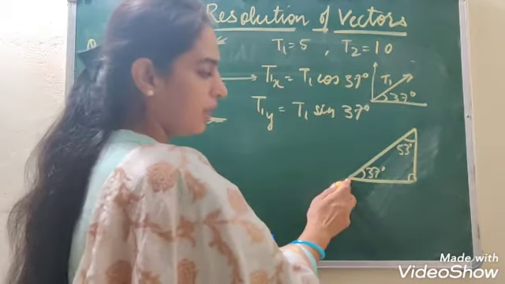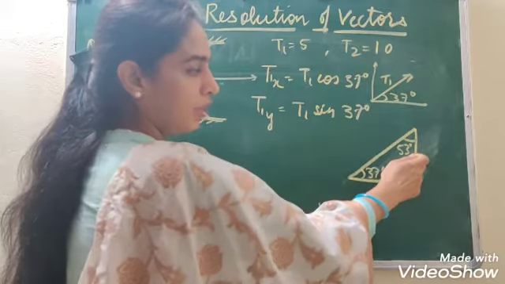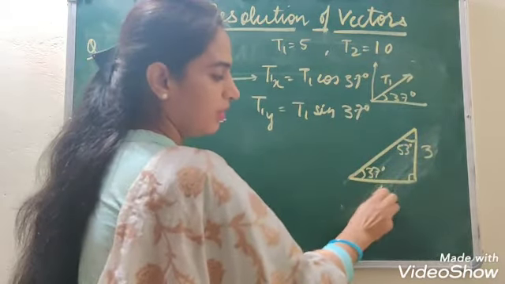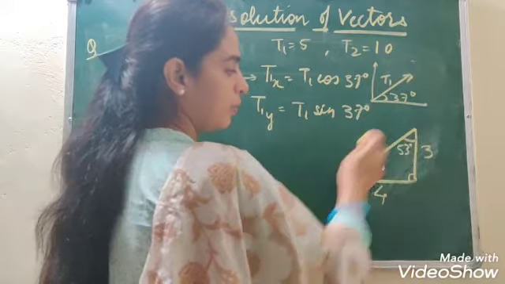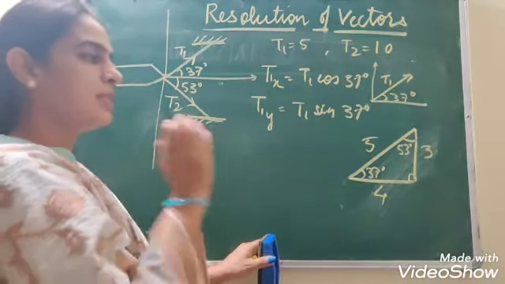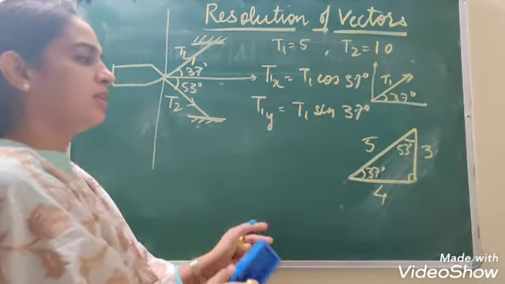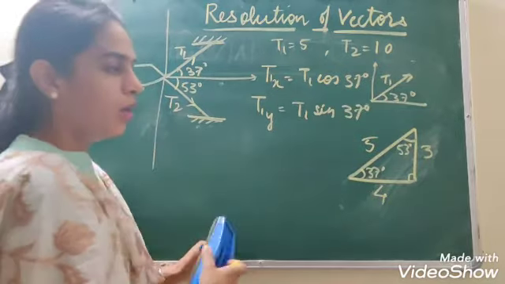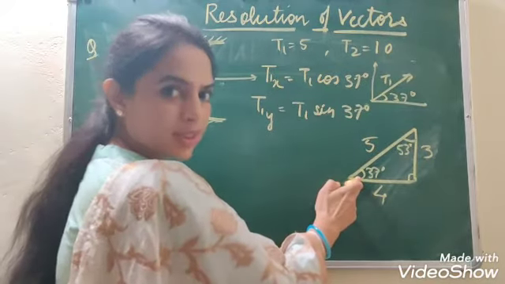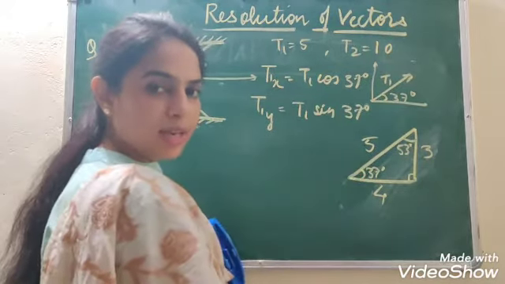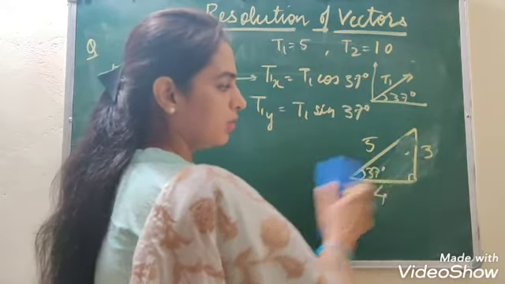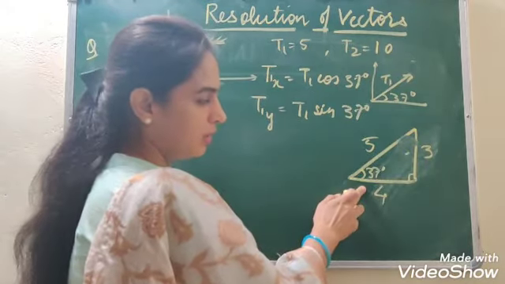And in this triangle, this is angle 37 degree, opposite side will be 3, opposite of 53 will be 4, and this hypotenuse will be 5. This is a fixed triangle, it has fixed values 3, 4, 5, 37, 53, 5. How to remember? If you ever get 37 as an angle, just draw the 37 triangle.